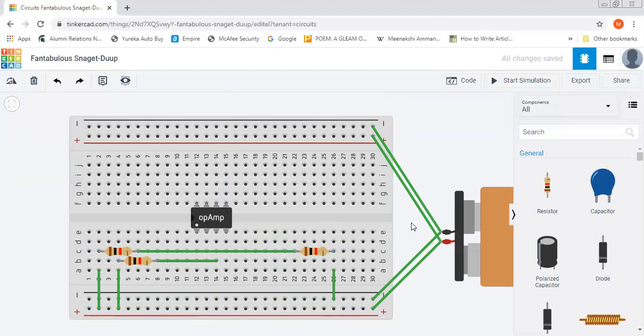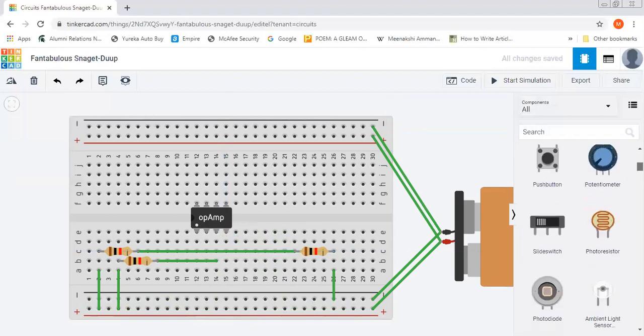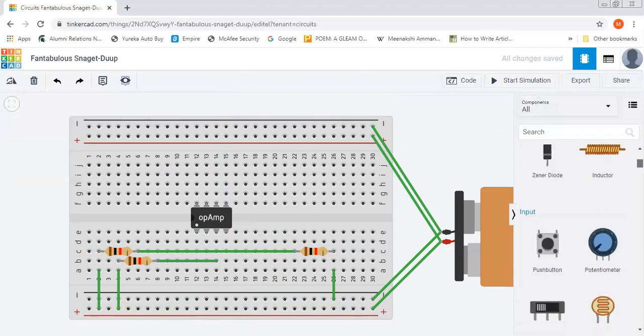Now to simulate the photoresistor, we will put a potentiometer, because the resistance of a photoresistor also changes, is variable. So that change in resistance we will manage through a potentiometer.